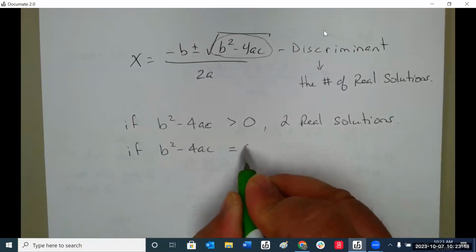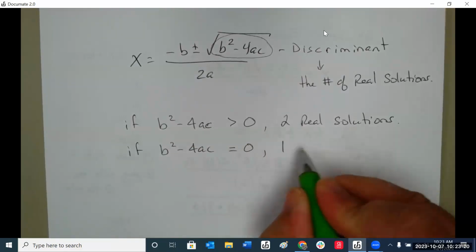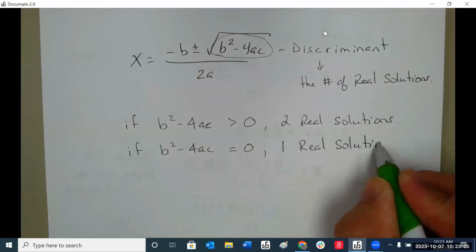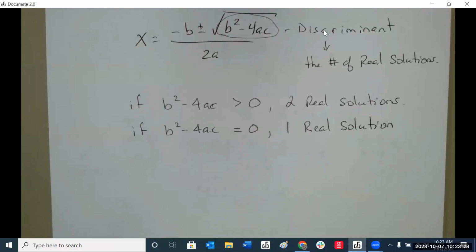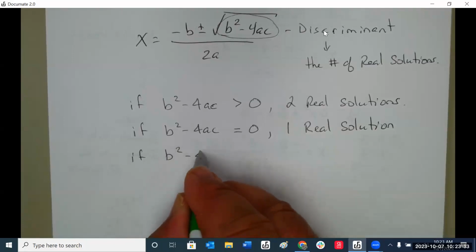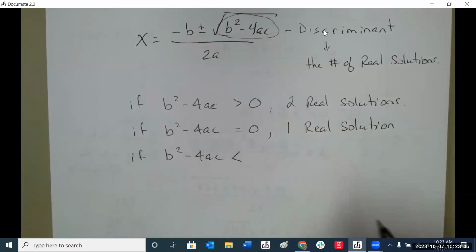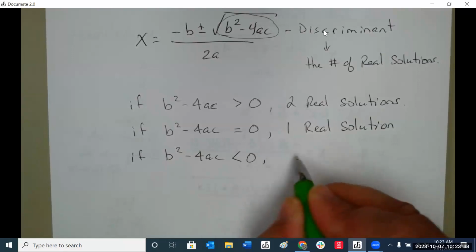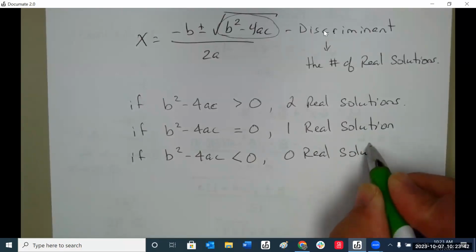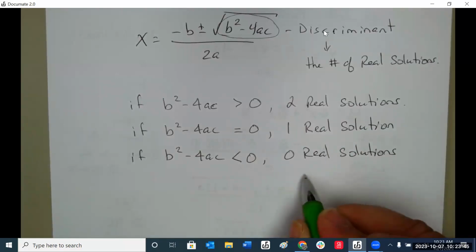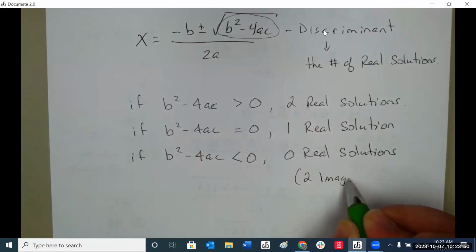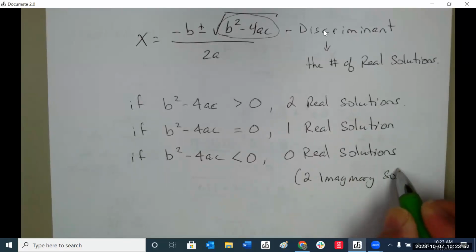If it equals 0, we only have one real solution. And if the discriminant is negative, we have 0 real solutions. That means we're going to have two imaginary solutions.